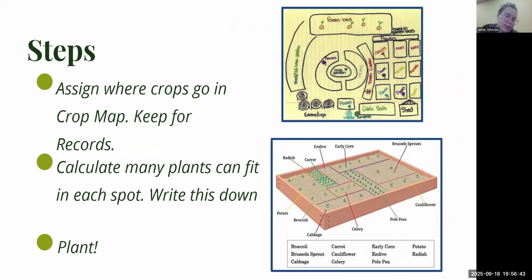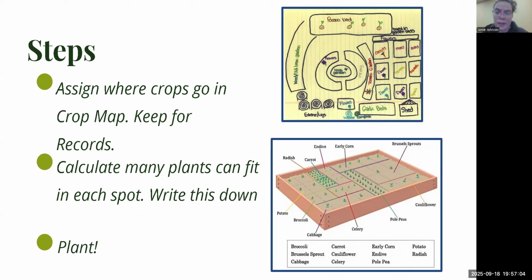Your next step is to assign where crops go in the map you just made and keep that for your records, because in 3 years you will forget that potatoes do really badly in that section and how many potatoes you put there. So just hold on to things in a place you hopefully won't lose them.